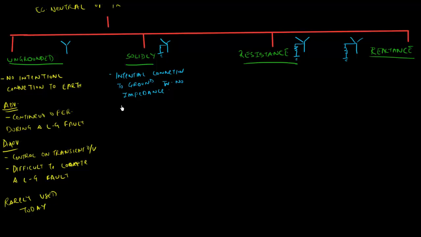The advantage of this is that you have much better control on your transient overvoltages. It is easy to locate a line to ground fault, and you can feed single phase loads.